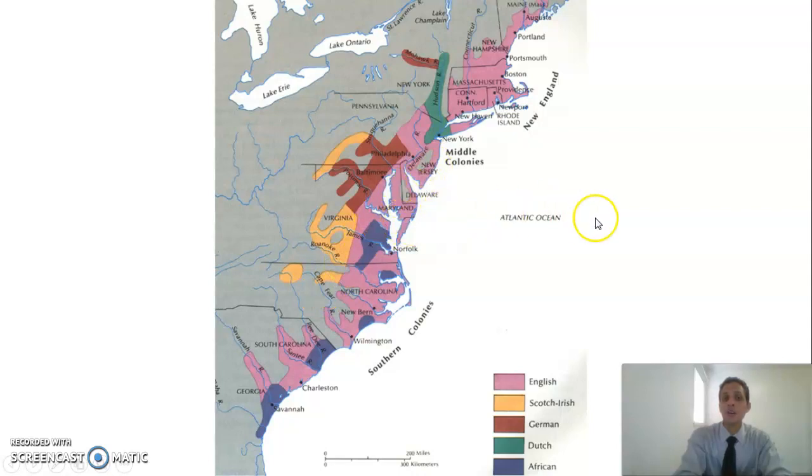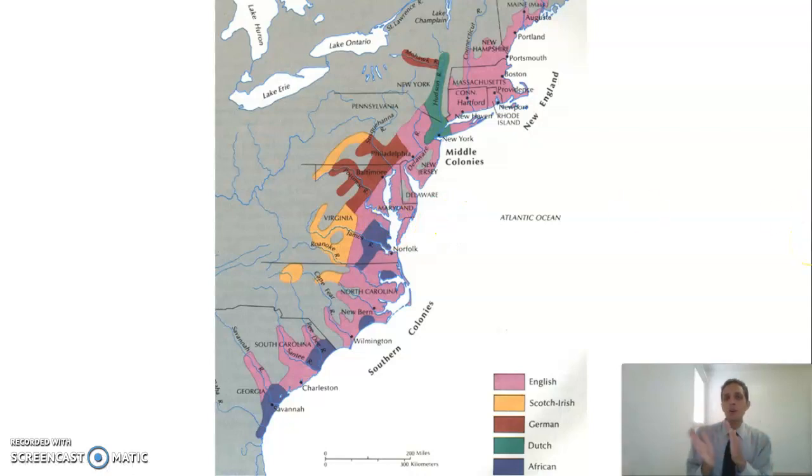So one of the things you want to note down about the backcountry is that, in colonial America, we often think of immigrants as moving into inner cities and living in cities. But a lot of immigrants in colonial America from non-English backgrounds end up out in the backcountry part of the colonies because it's less desirable land. I think that's an interesting dynamic.